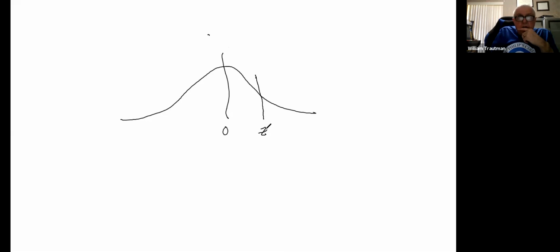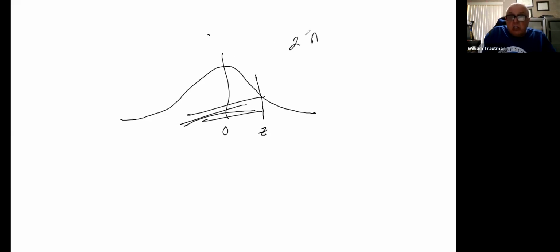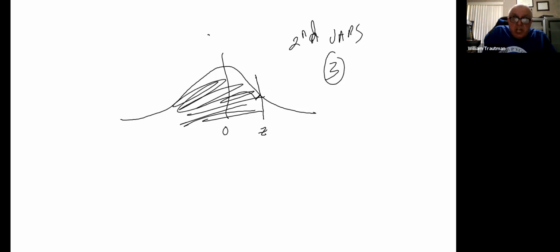Yes, I was asking if there will be an instance where Z will be on the right side. No, the shaded part is always going to be to the left on our calculator. For second vars, number 3, the shaded part always has to be to the left to find that Z value. It always has to be to the left.